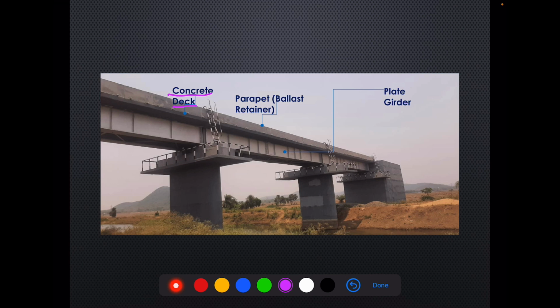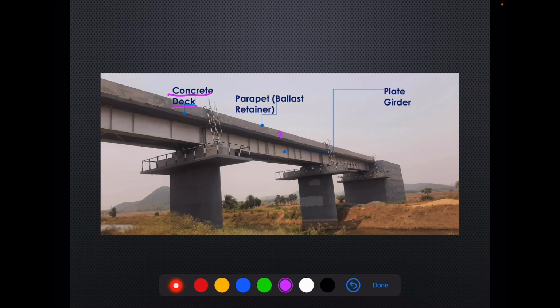In the plate girder, the track assembly is directly put over the top flange of the plate girders. But here, the top flange of the plate girder is embedded into concrete deck slabs, and this is the parapet, which stops the track stone ballast from falling on the sides.